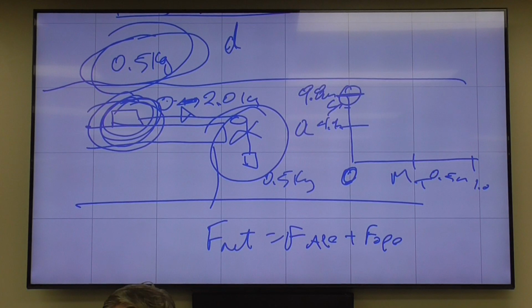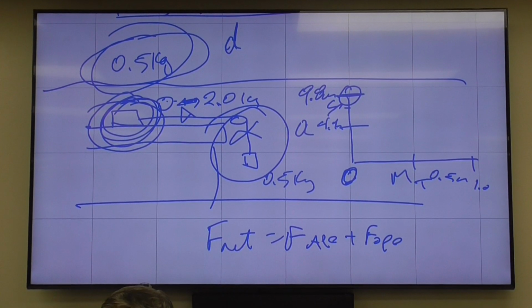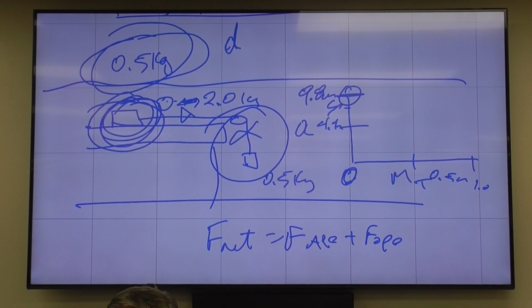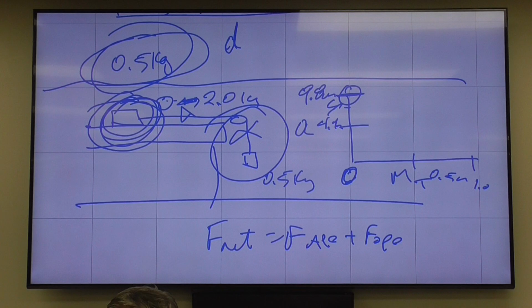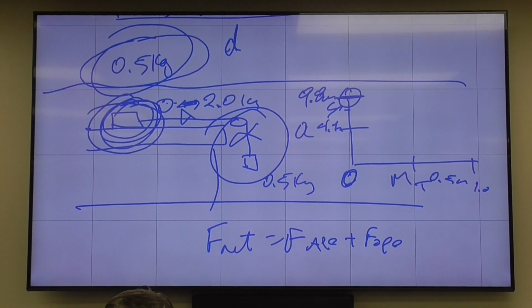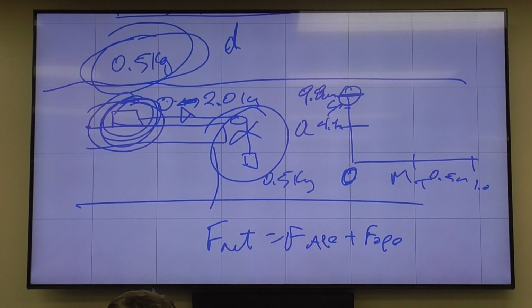So how could we find that? We're gonna take the same force, 4.9, divided by the combined mass. What's it gonna be? 4.9 divided by 1.5 is 3.27.